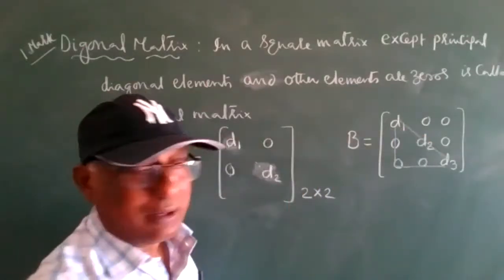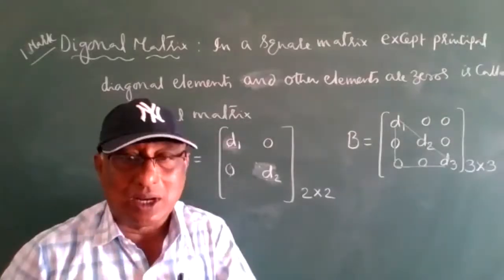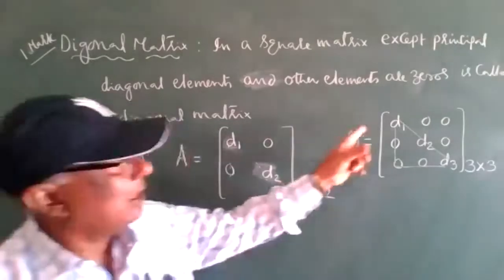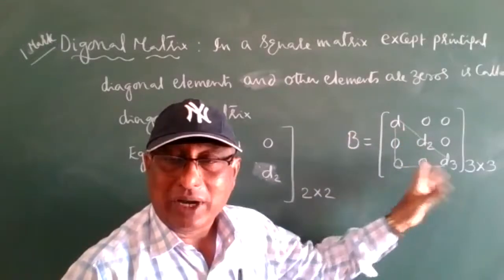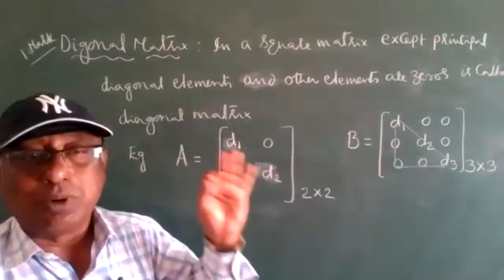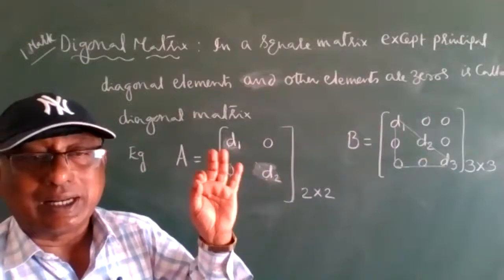It is a square matrix with 3 rows and 3 columns. The principal diagonal elements are not zeros, and they are not necessarily equal: D1 is different, D2 is different, D3 is different.